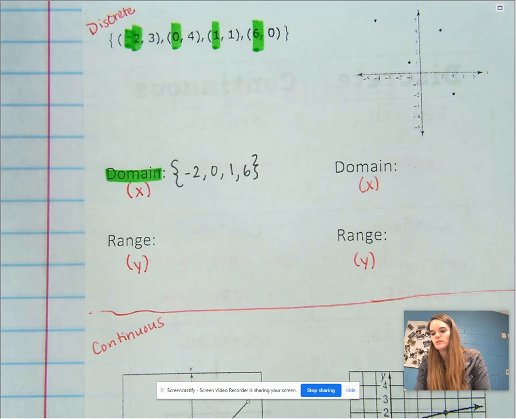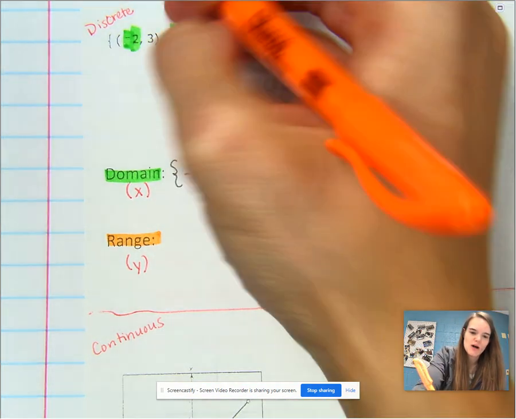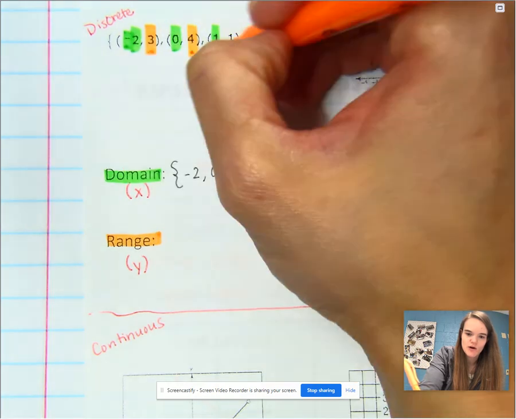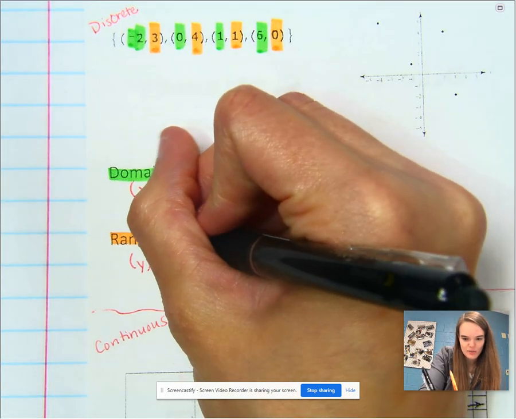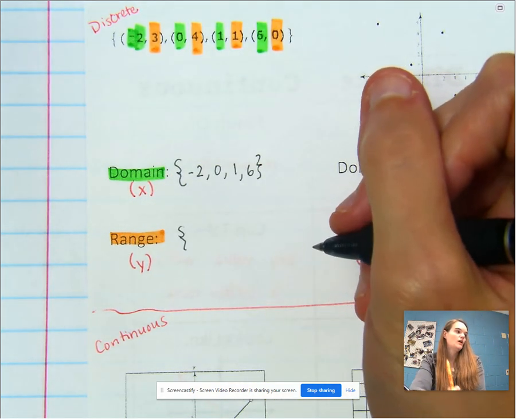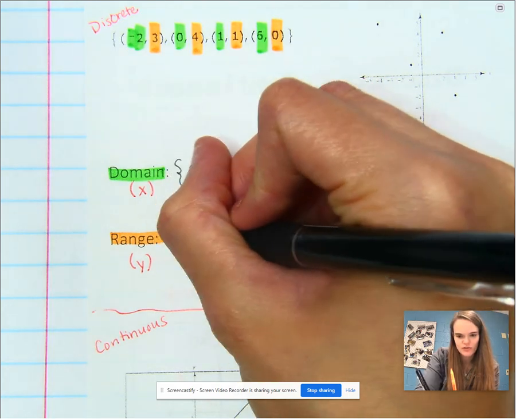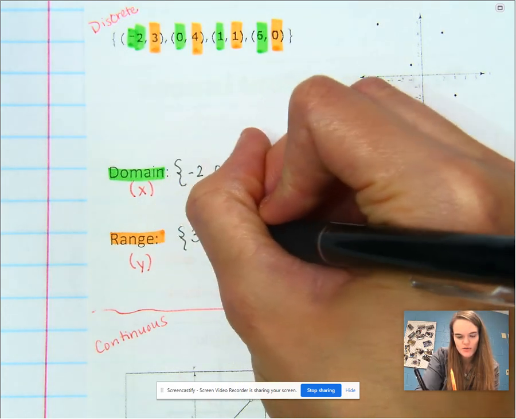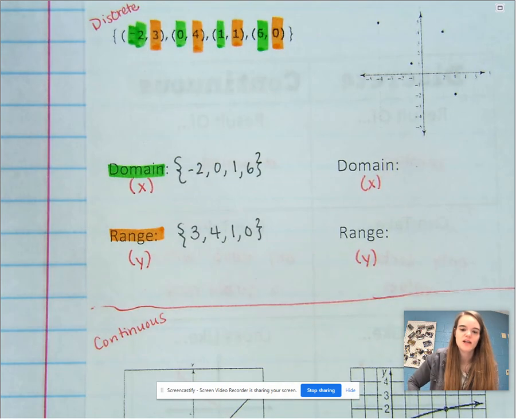The range, we're going to highlight that in orange today, are the y values, 3, 4, 1, 0. And I write that with a curly bracket as well. I write curly brackets with all discrete domains and ranges. 3, 4, 1, 0. There is the domain and the range.